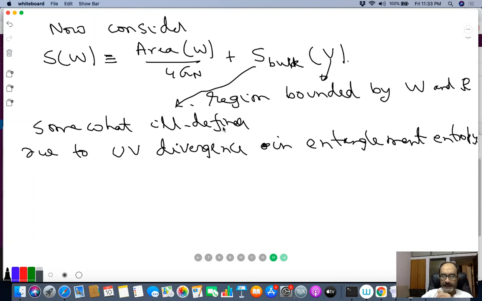Now, normally you will see statements that the UV divergence of this is supposed to cancel against the renormalization of Gn. The problem is that in string theory, Gn is finite. Of course, in a theory of quantum gravity, Gn has renormalization, but in string theory, even if there is renormalization, it's a finite renormalization, and we understand what that is, because Gn is related to the S matrix, which is well defined in quantum gravity and is computable.